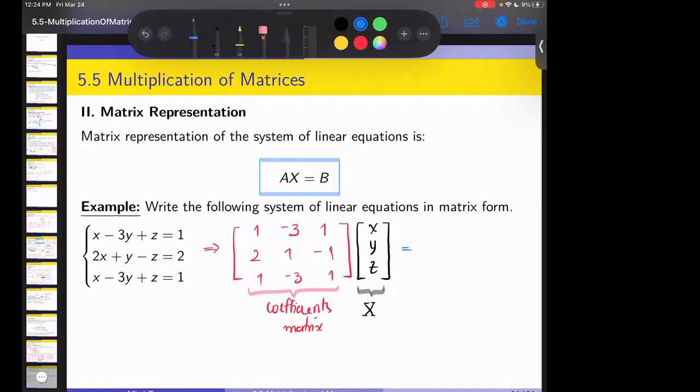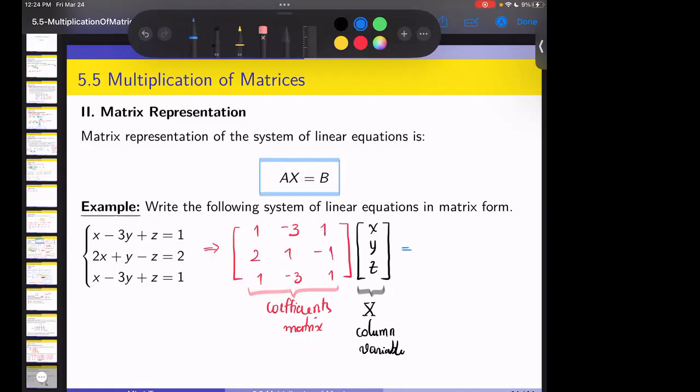Equal the constant matrix. So X is what the book calls the column variable. That's what you're trying to solve.